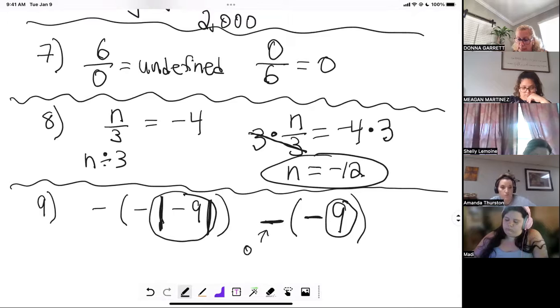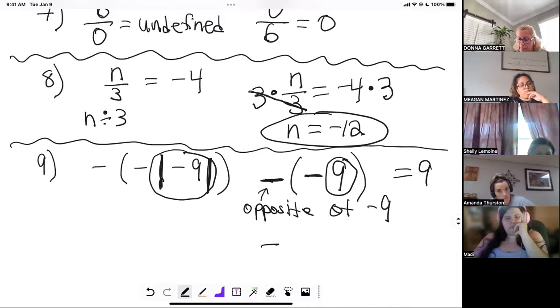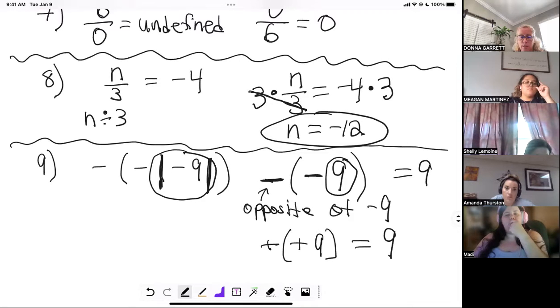So what's the opposite of 9? Well, that means the answer would be negative 9. Or if you know it more as two negatives together make a positive, depending on which way you like to think of it.